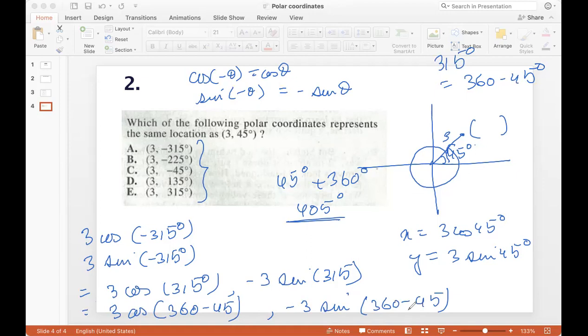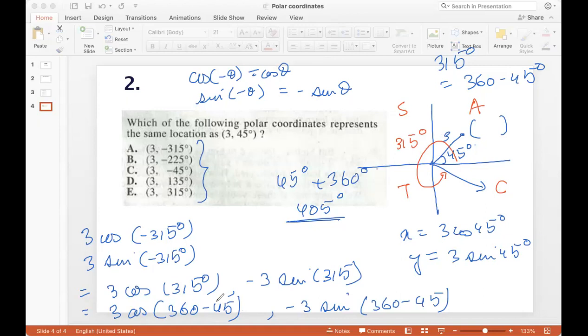Now we are looking at 315. 315 is going to be here. So I'm just going to remove what I explained earlier, and I'm going to change the color. This angle is 315 degrees. So if we use ASTC, I know that in the fourth quadrant, cos is positive.